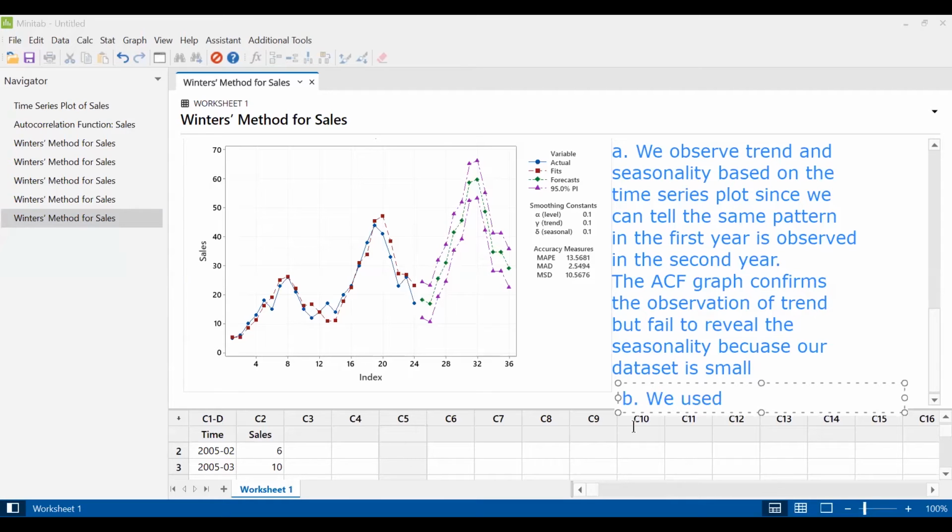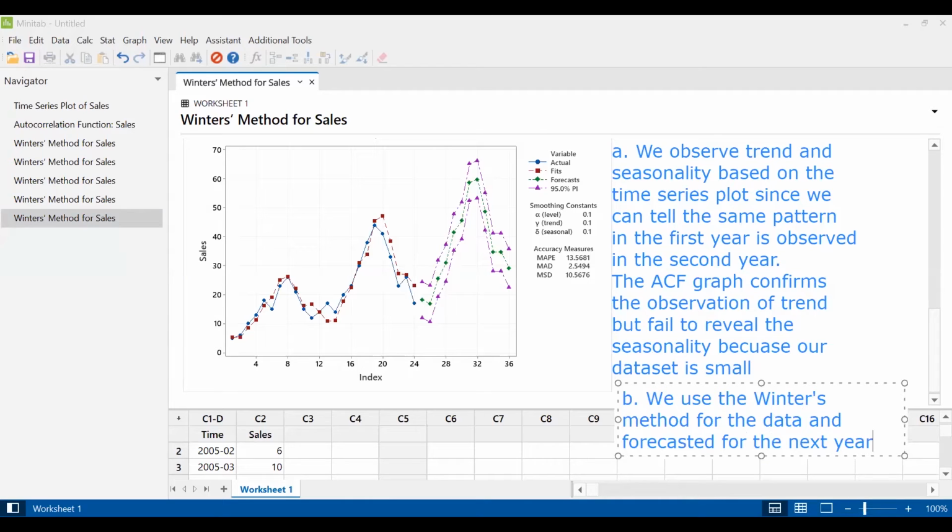we used the Winters method for the data and forecasted for the next year.